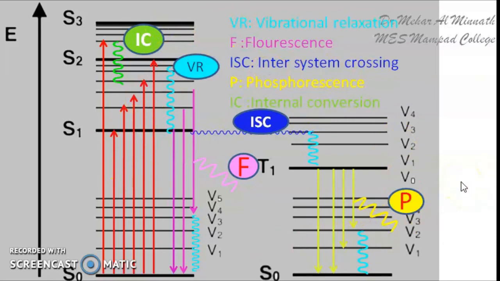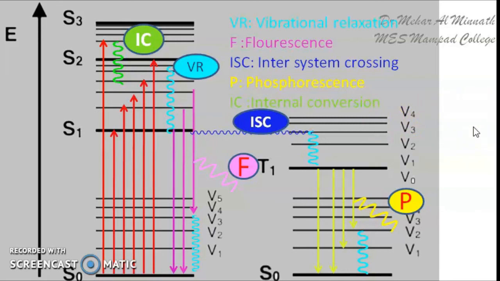There is only energy dissipation, losing of the absorbed energy in different ways. Now, in detail about fluorescence, vibrational relaxation, phosphorescence, etc., we shall discuss in the coming videos. So I hope this Jablonski diagram is clear to you.